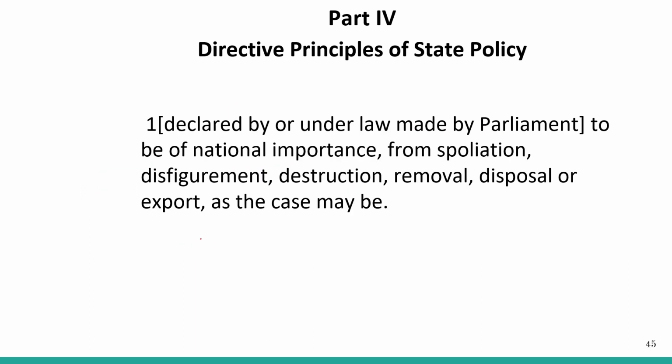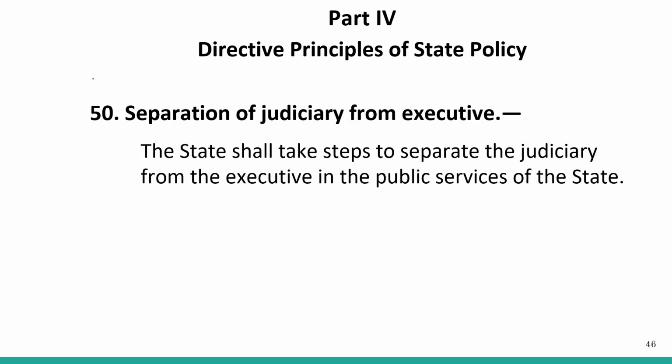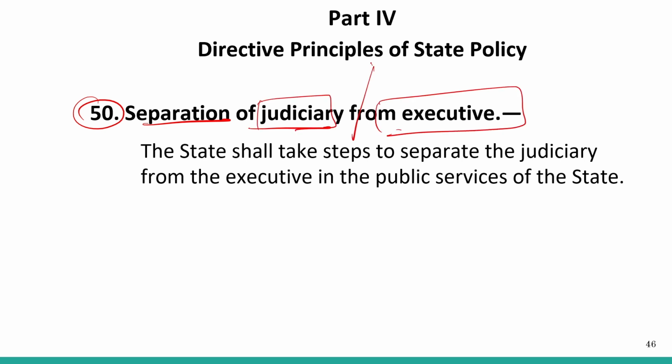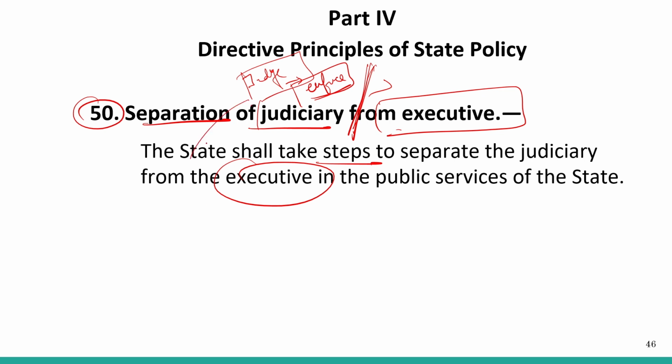Now, separation of judiciary from executive. Whenever we are talking about judiciary and executive, we have to have a clear difference and separation between the two, because if these two are combined, it means that the person who is going to be the judge is the person who is going to enforce things, and it will obviously be a tyrannical rule in which citizens might get exploited.